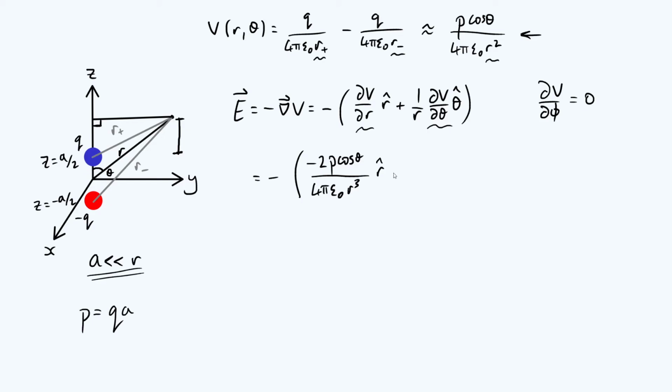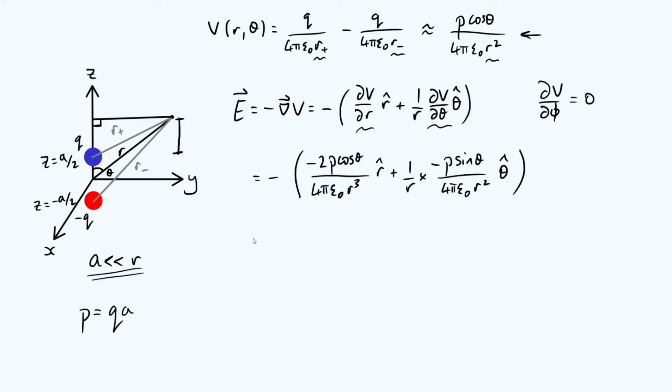And then what we have is, mustn't forget our 1 over r. Then we just differentiate our potential with respect to theta. Cos theta turns into minus sine theta. And so we get minus p sine theta divided by 4 pi epsilon naught r squared. Okay. Oh, and that's in the theta hat direction, right?